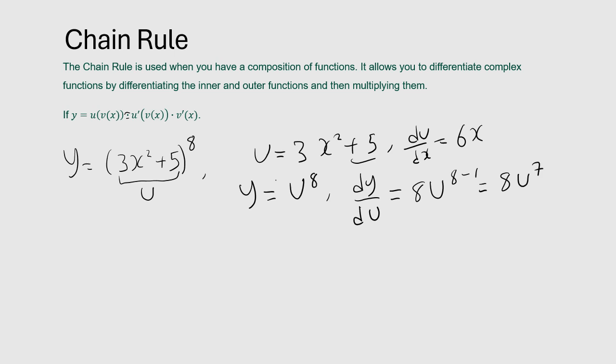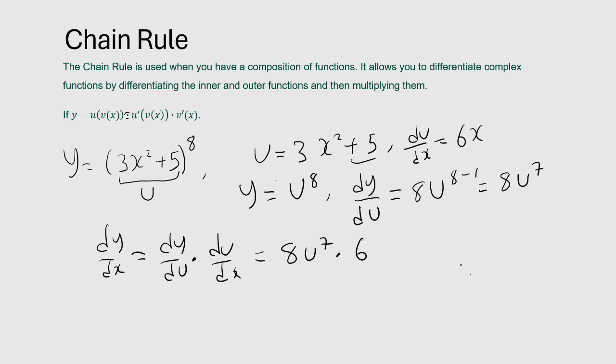So our dy over dx in the chain rule is the outer differentiation times the inner differentiation. It's just dy over du times du over dx. So in this case it's 8u power 7 times the inner differentiation 6x.